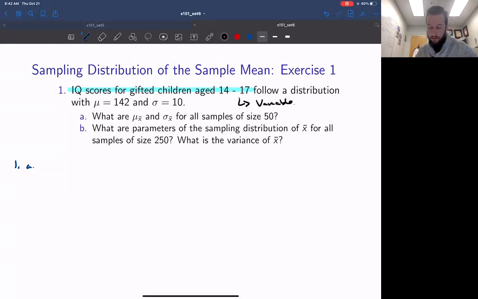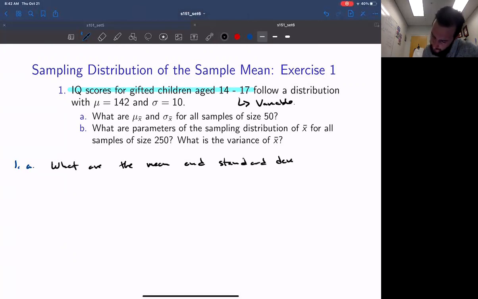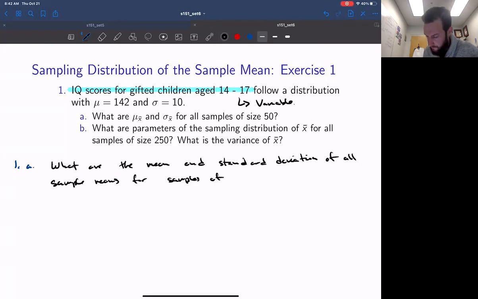In part A, it says, what are mu x bar and sigma x bar for all samples of size 50? So this question is asking us, what are the mean and standard deviation of all sample means for samples of size 50?